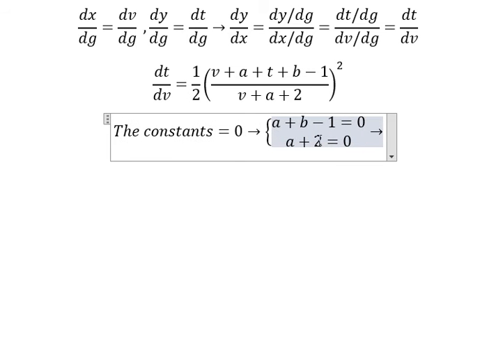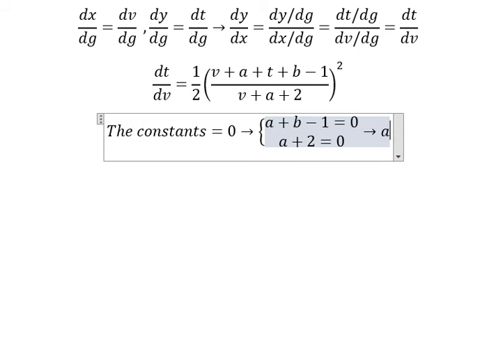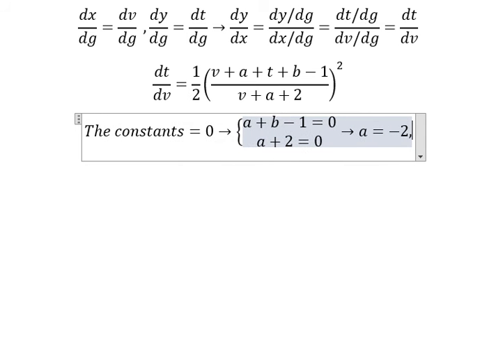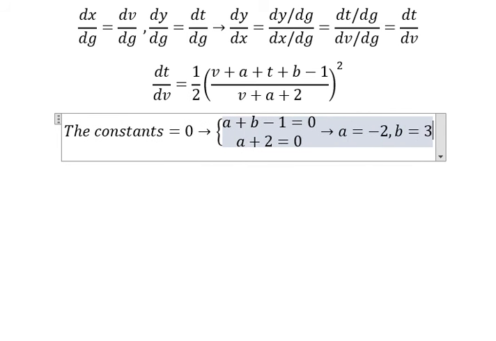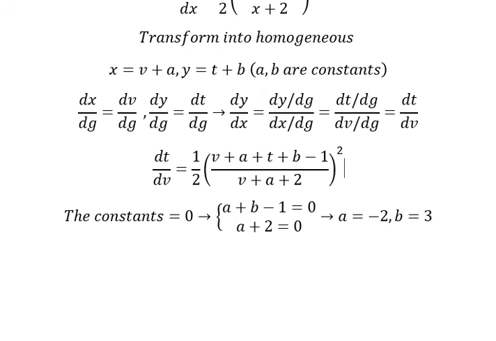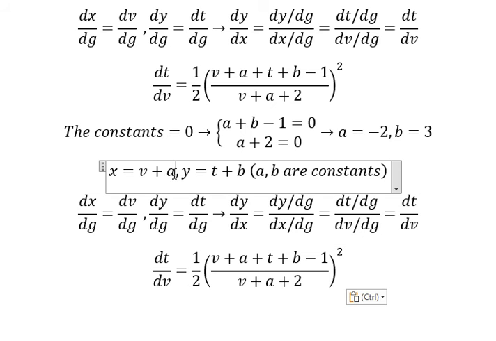And now we need to find the solutions of a and b. So a equals negative number 2, b equals number 3. Now we put a and b here. So we put negative number 2, and this is positive number 3.